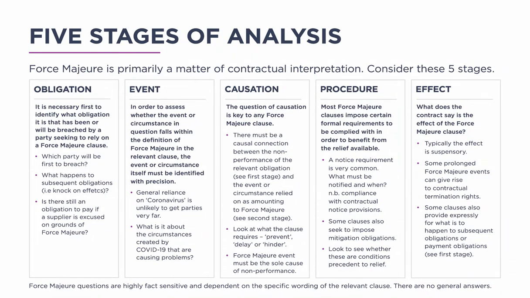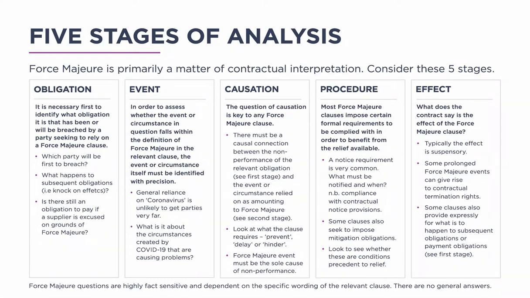The first one is that the force majeure event in question must be the sole cause of the non-performance. There's recent High Court authority on this question, specifically in circumstances where there were two causes of a party's non-performance.